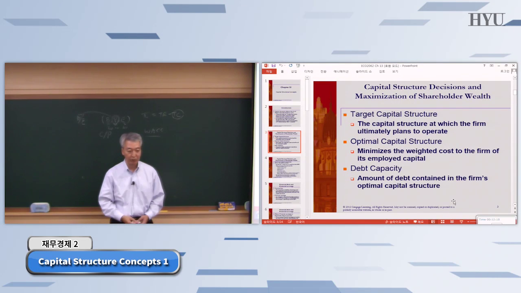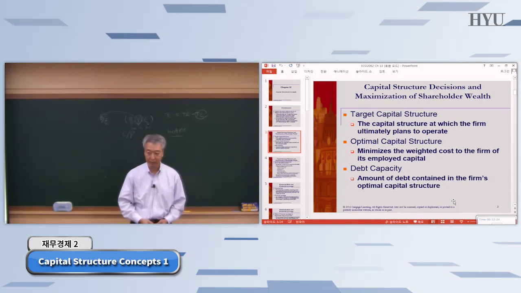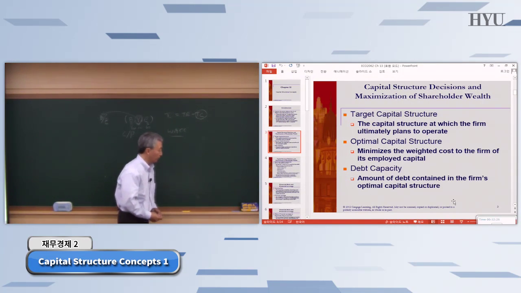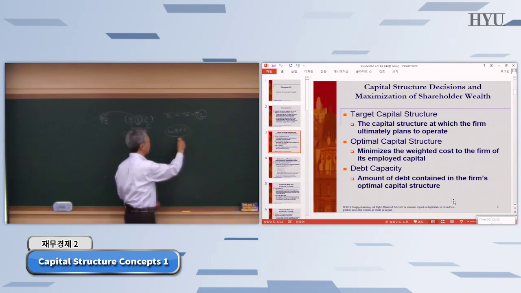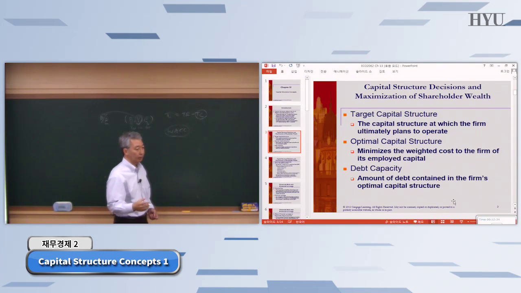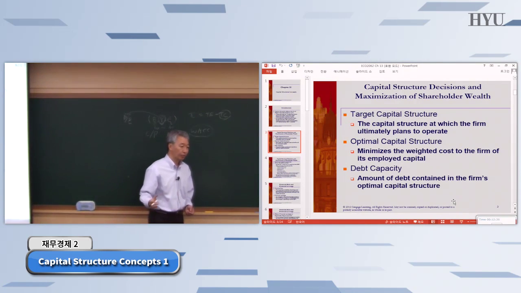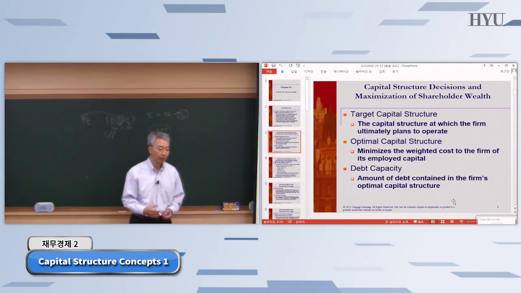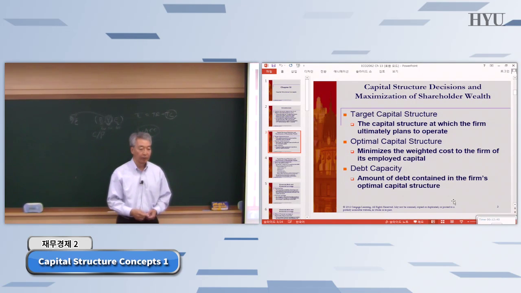What's the ultimate goal of a financial manager? Maximizing shareholder wealth. I mentioned it quickly a few minutes ago. Using the cost of capital, we discount all the future cash flows of this company, which means the present value of the company itself, the firm value, will be maximized.